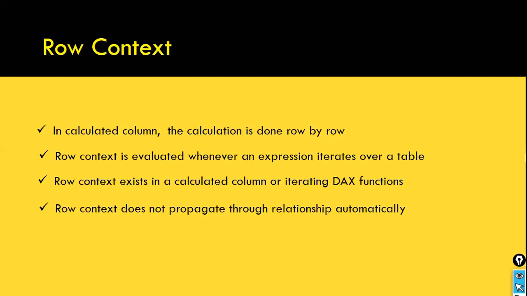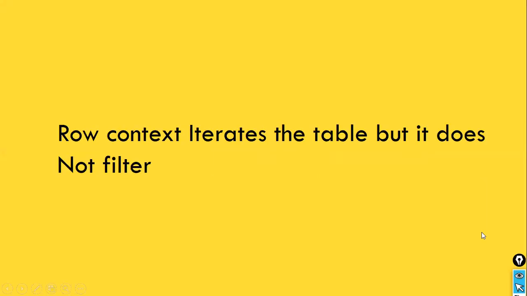That is what I mentioned here. But row context does not propagate through relationships automatically. Row context exists in a calculated column or iterating functions. So certain things you need to remember. But I explained with some examples so that you don't have to memorize. This is the one: row context iterates the table, but it does not do filtering.